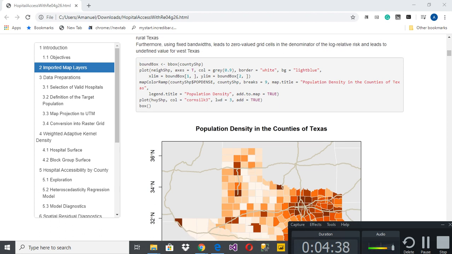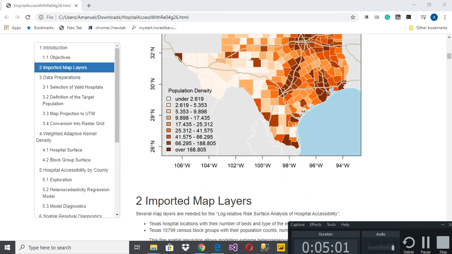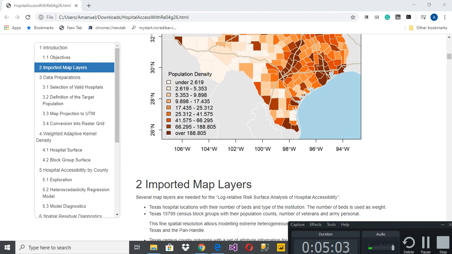If we look at the population density of Texas, we can see from this map that the population density is highly heterogeneous, with highly populated areas around the DFW, Austin, San Antonio, and Houston metropolitan areas, and very sparsely populated in West Texas and southern Texas.